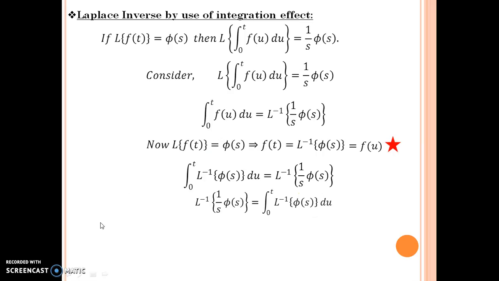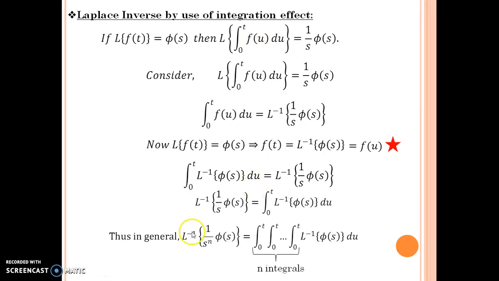We also had one general result along with the integration effect statement. That general result gets modified in the following form. If you are given a problem to find L inverse of 1 upon s to the power n phi of s, then you have such n integrals operating on L inverse of phi of s du, and that's what you are going to get over here, right?